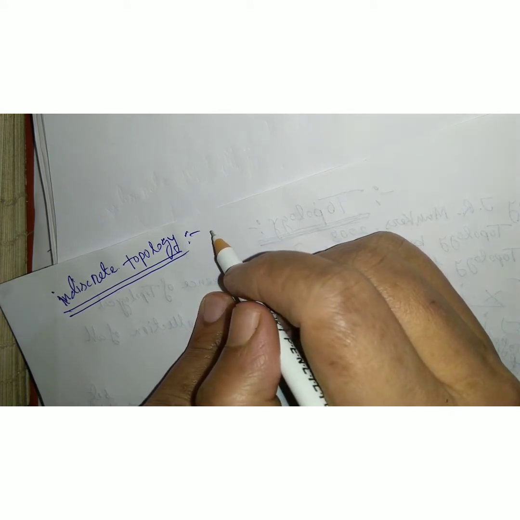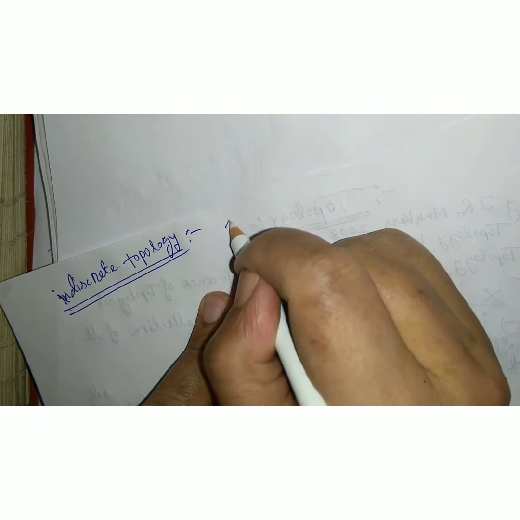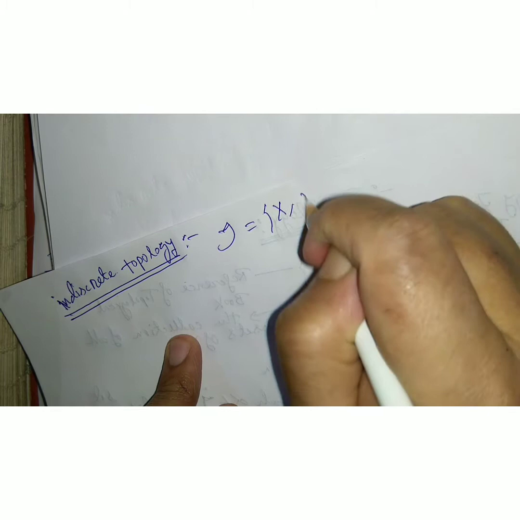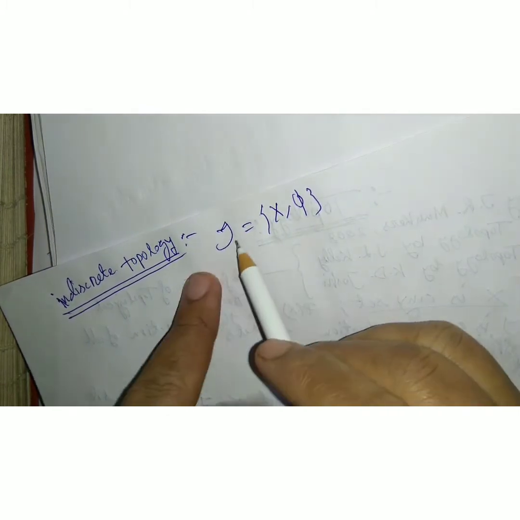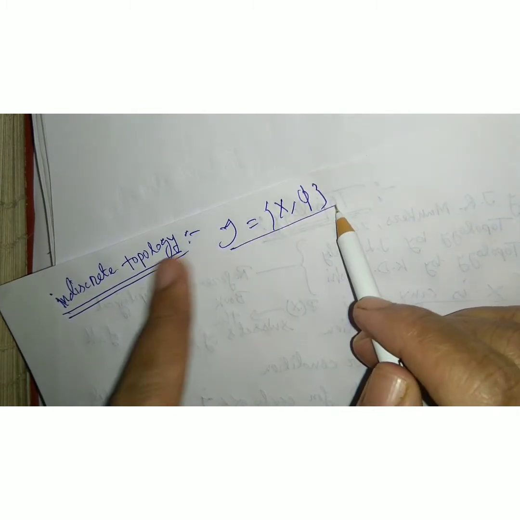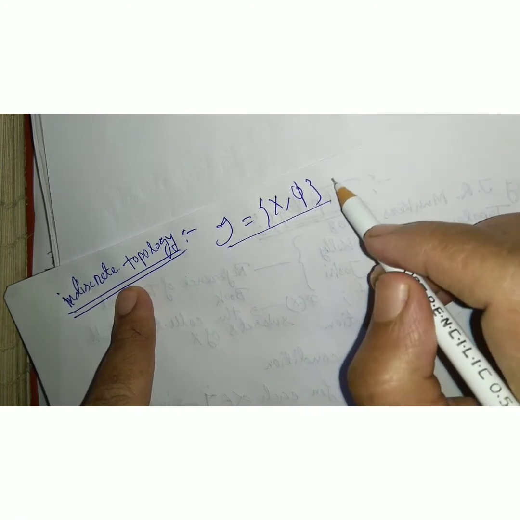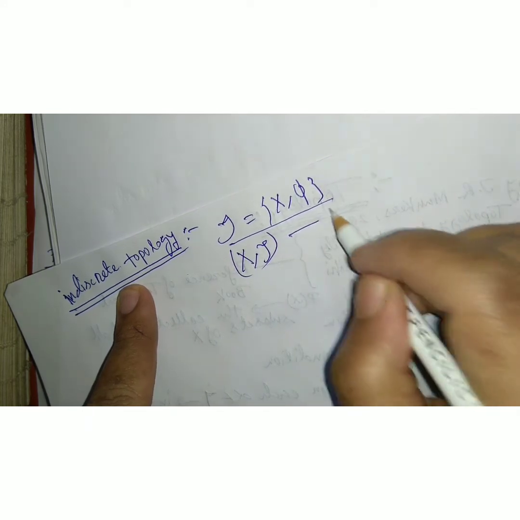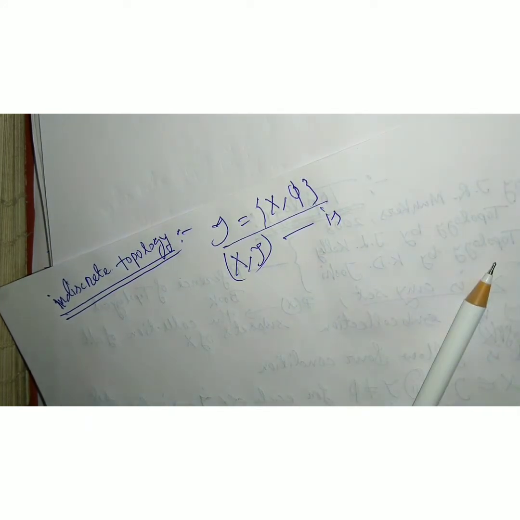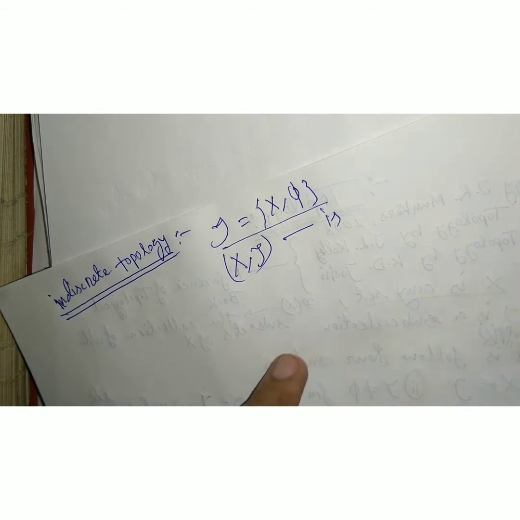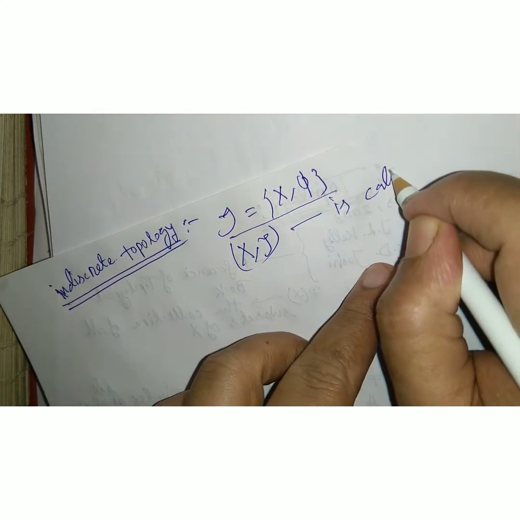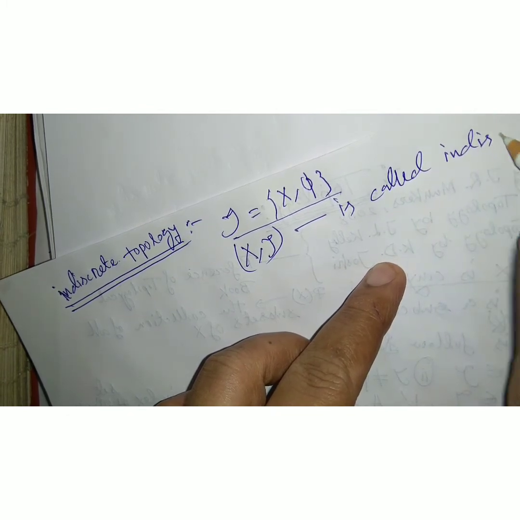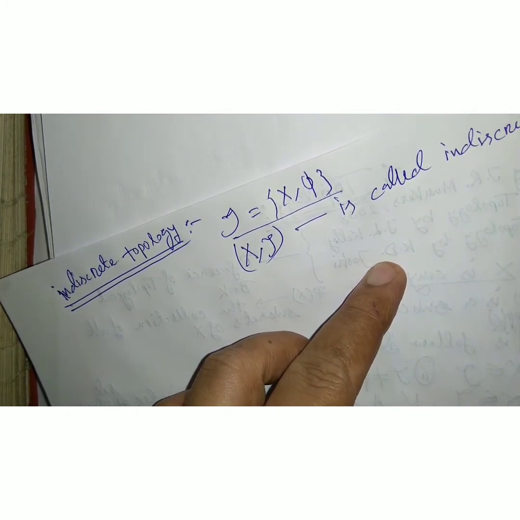If tau is equal to {X, phi}, then (X, tau) is called indiscrete topology.